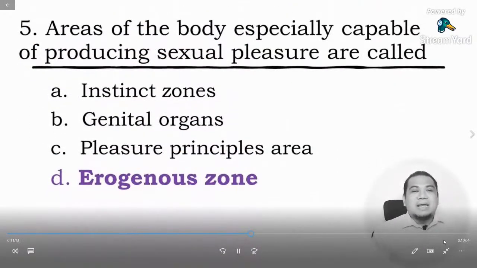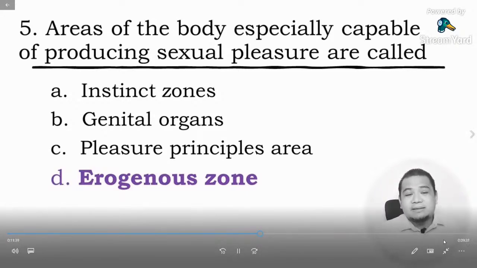Number 5. Areas of the body specially capable of producing sexual pleasures are called, letter D, erogenous zones. The aim of the sexual drive is pleasure, but this pleasure is not limited to genital satisfaction. Freud believed that the entire body is invested with libido.